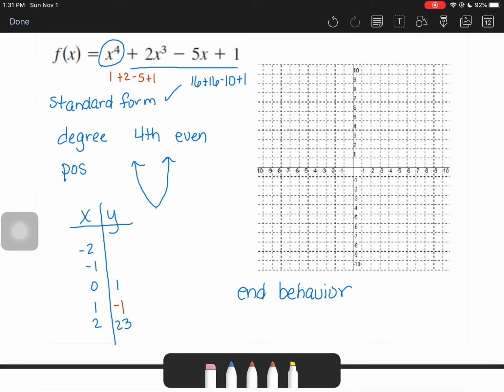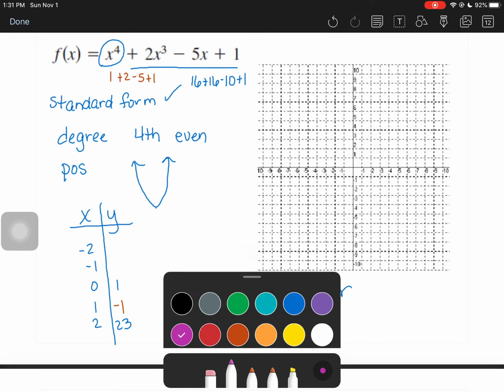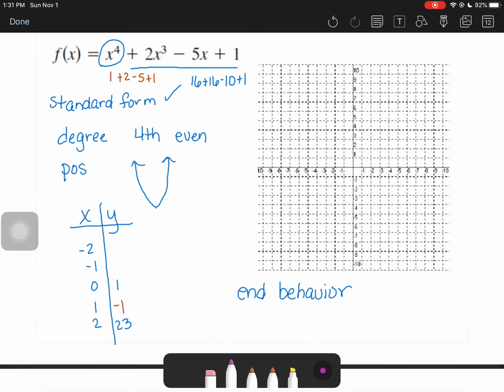So we have -1 to the 4th power. We know that that makes a positive number, so that would be 1. -1 to the 3rd power is negative, times 2 would be -2. -1 times -5 would be +5, plus 1. So we have 1 minus 2 is -1. -1 plus 5 is 4. 4 plus 1 is 5.